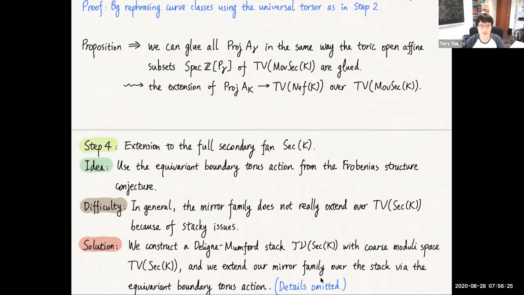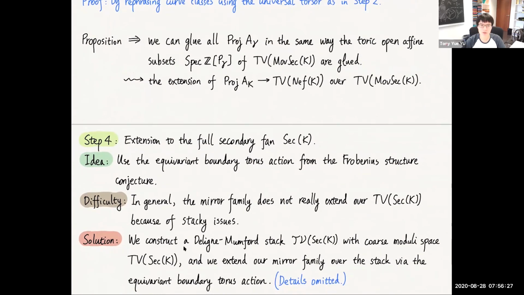And the solution is to construct a Deligne-Mumford stack, denoted by curly TV, associated to the secondary fan with coarse moduli space the toric variety associated to the secondary fan. And we extend our mirror family over this stack via the equivariant boundary torus action.